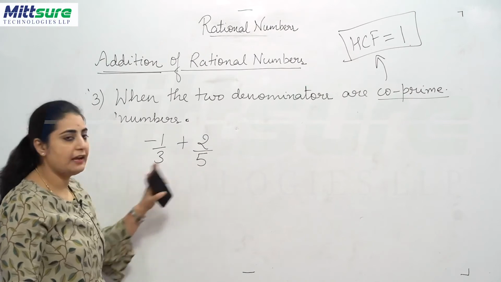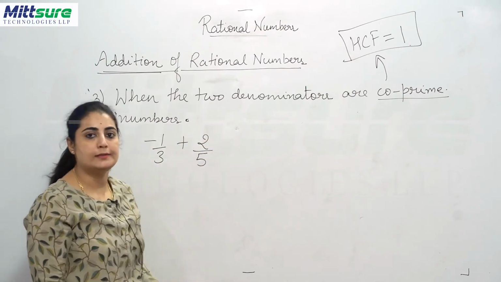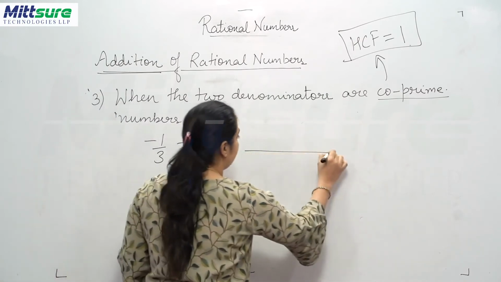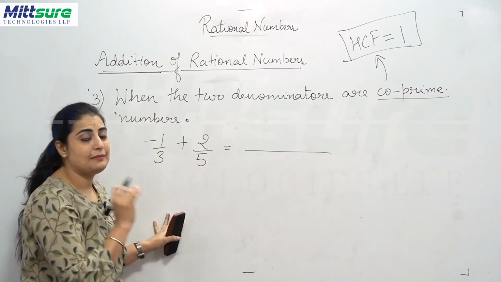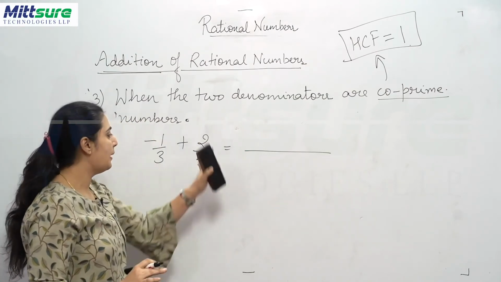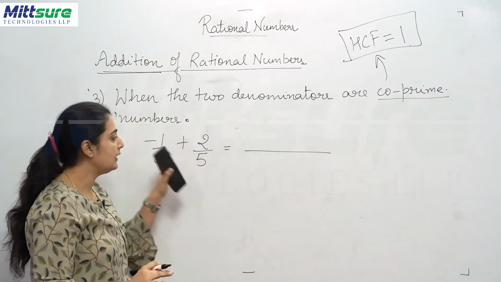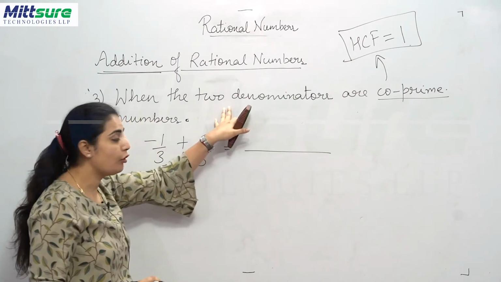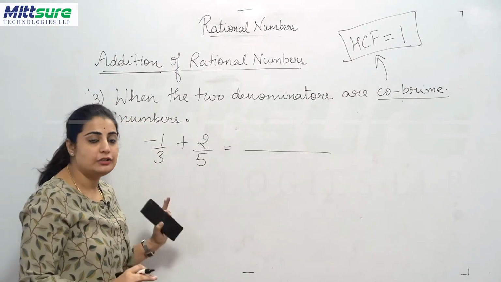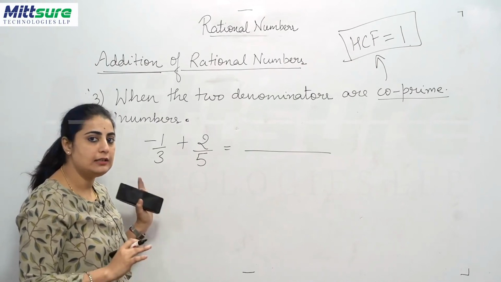Here 3 and 5 are also co-prime numbers because their HCF is 1. Without taking out the LCM, I will rewrite these numbers in the symbolic representation of the given condition and find the sum of the two given rational numbers.